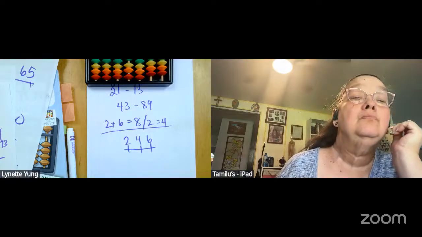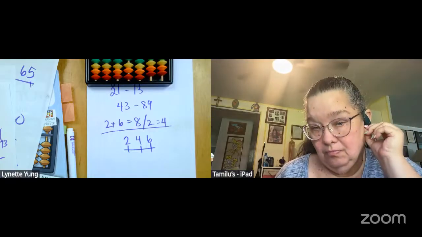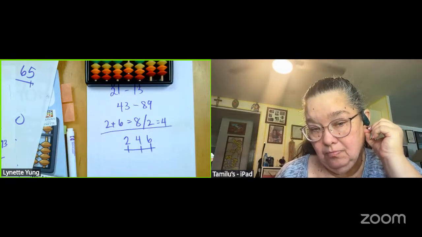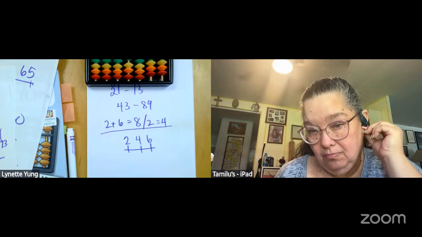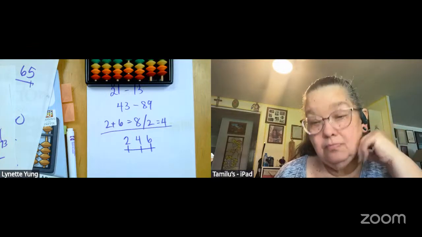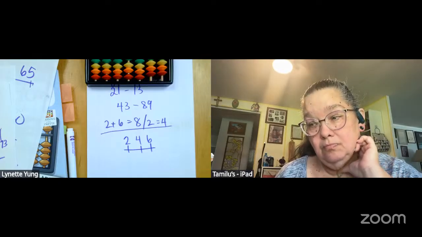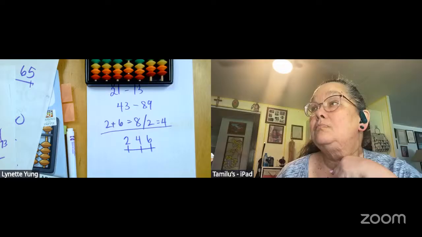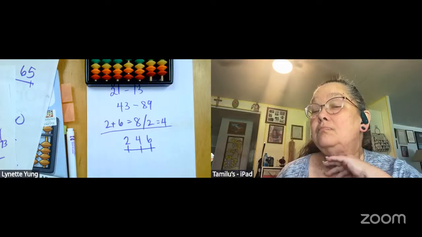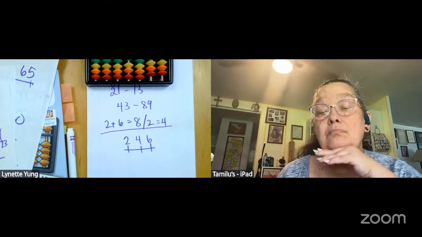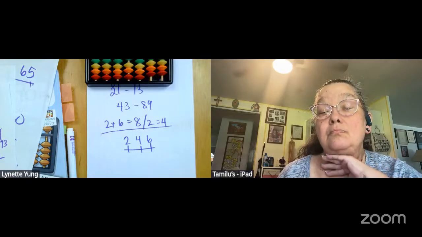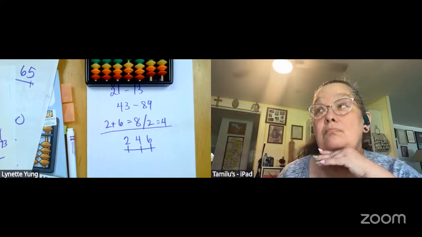Okay, because before that, they were doing distances. They were doing like from 37 to 40 is how many units. Okay, how can we find the distance between two numbers by counting up on the number line?